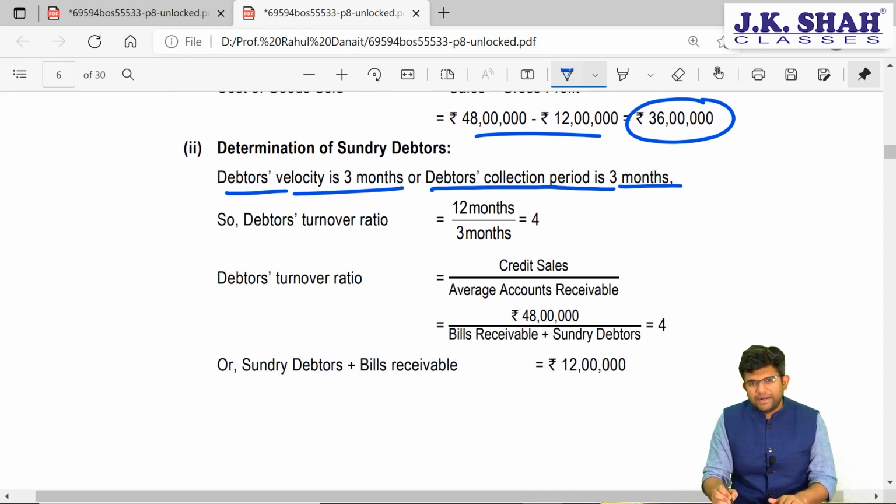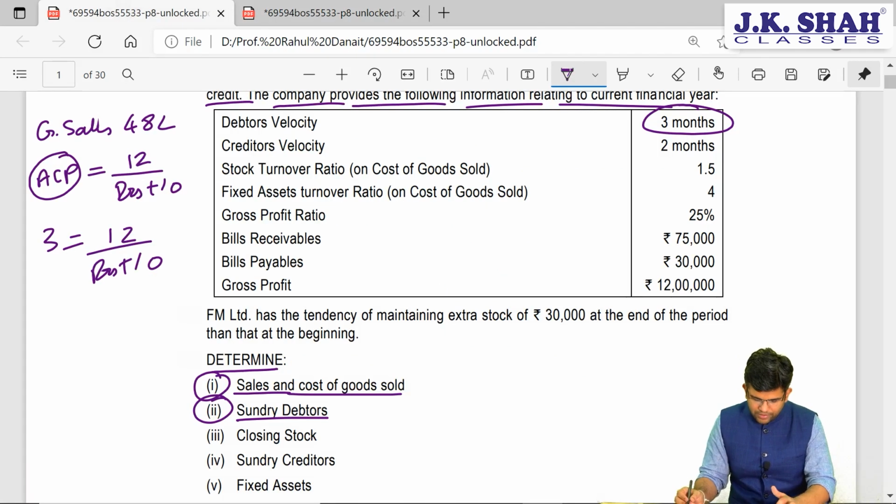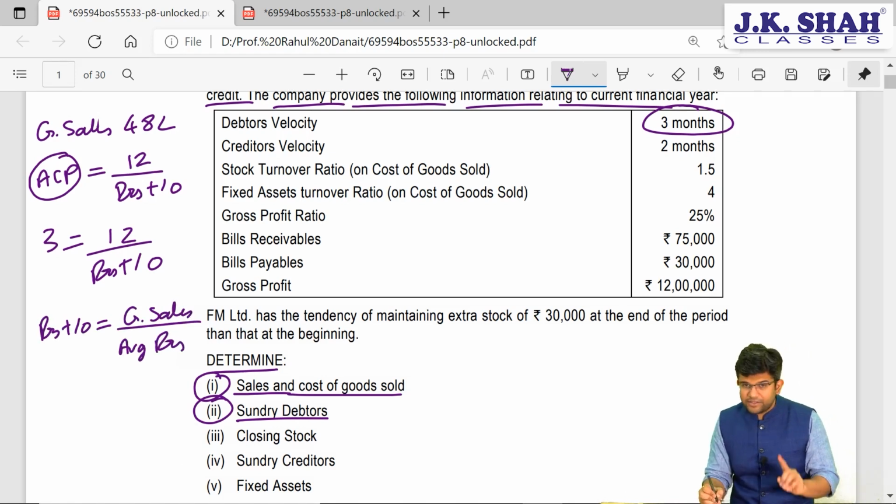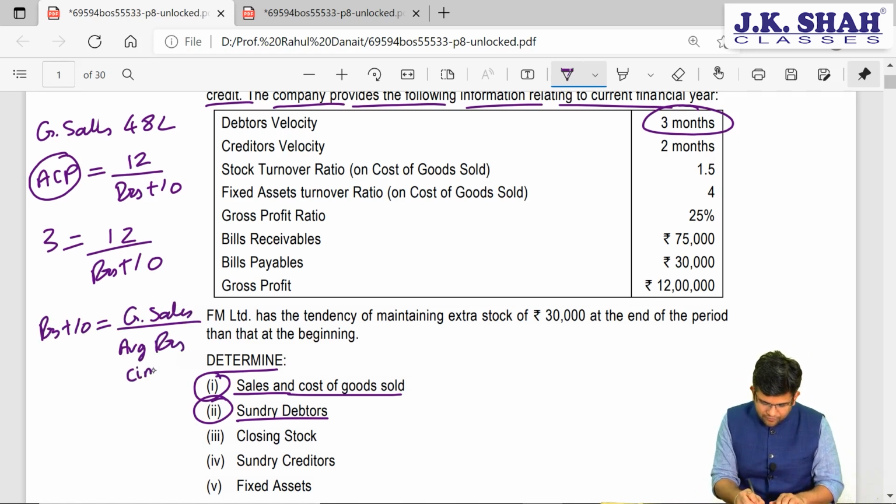So using that data, they found out the debtors turnover ratio to be 4. Now children, what is debtors turnover ratio? Debtors turnover ratio is nothing but credit sales divided by average debtors, correct? Credit sales divided by average debtors, and these average debtors are of course including bills receivable.